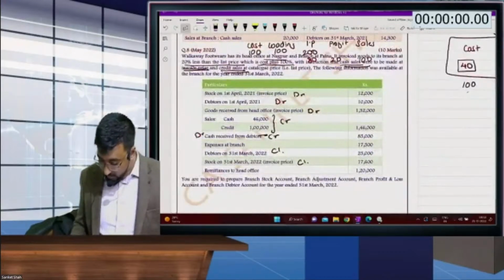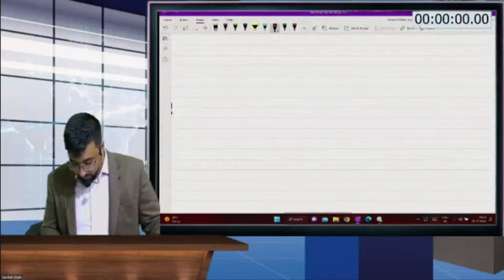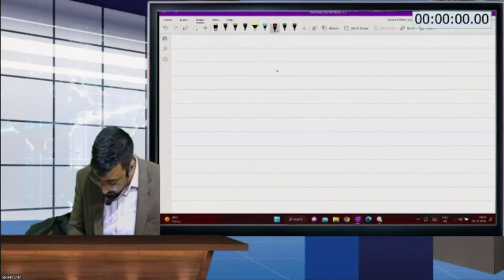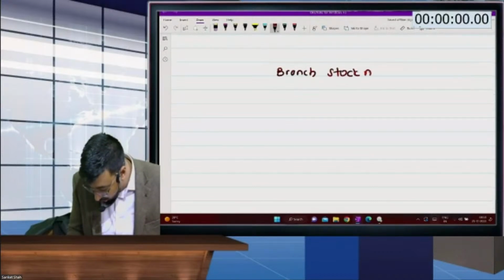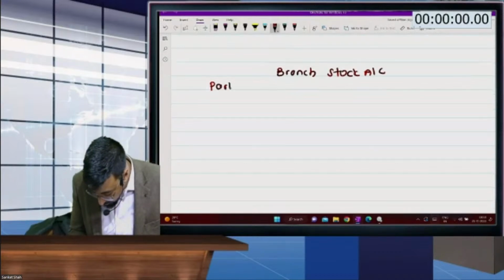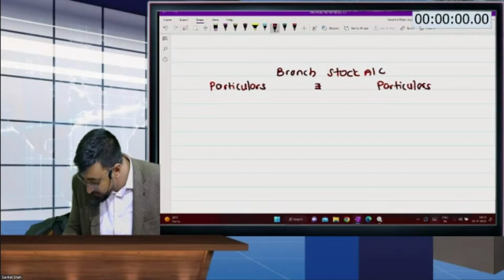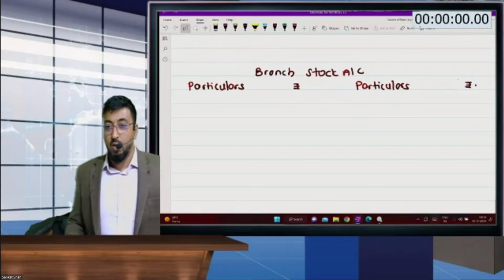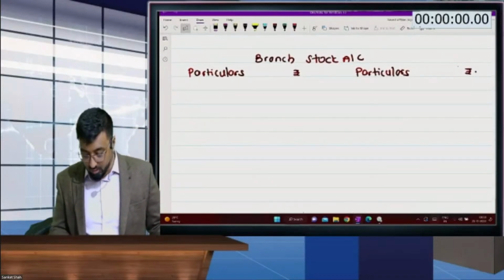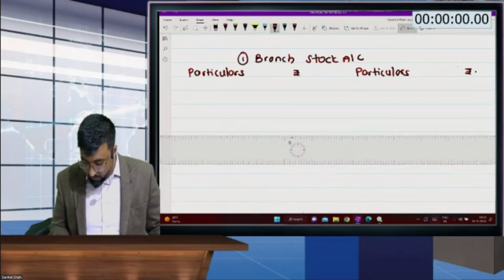Come on, come into accounts. Write down. Number 1, branch stock account, particulars, rupees. Number 1, for how many lines beta? 7 lines.